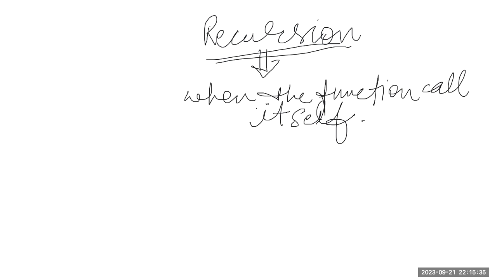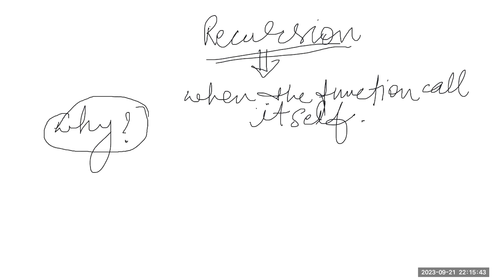But why does the function call itself? I want the function to do some specific task and the function is calling itself. What does it mean for a function to call itself?